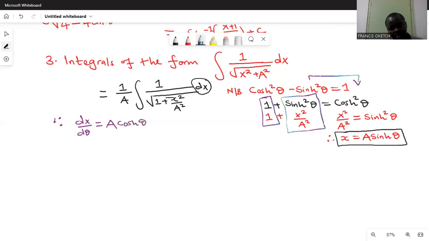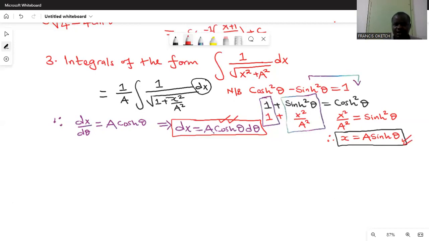So you can make dx the subject: dx equals a times cosh theta d theta. So this is the corresponding differential that I was talking about. You see what I've ticked? Those are the ones that we are going to substitute in our integral.